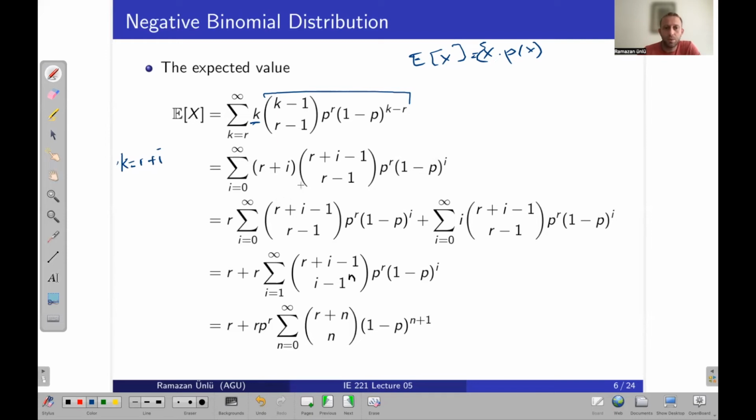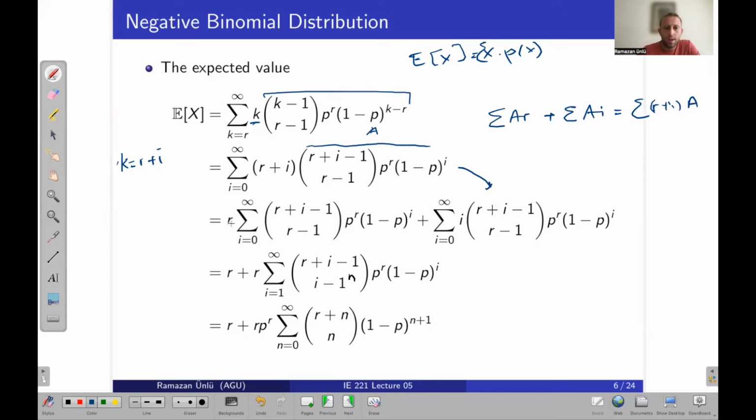If this is the A, I can rewrite this part as A times r plus A times i. Okay, so this is the same as r plus i times A. So this is what I actually did here.